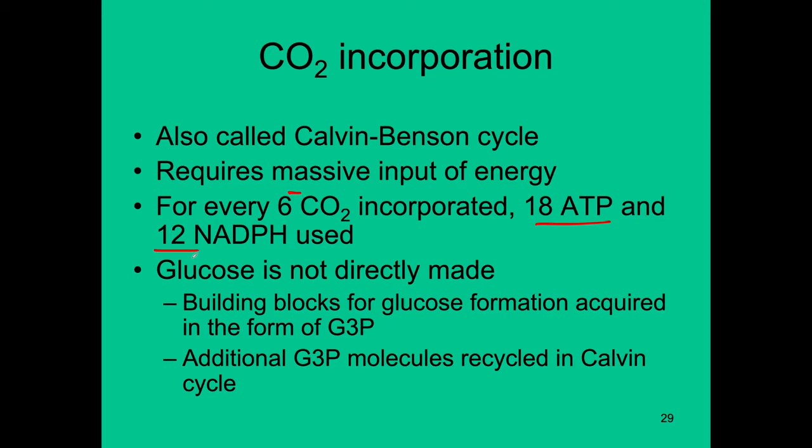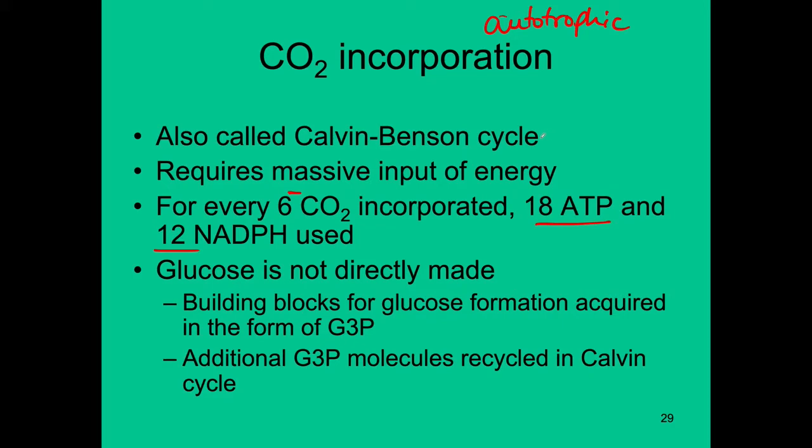Because it is so energetically unfavorable, this is why the light reaction provides the ATP and NADPH needed for the Calvin-Benson cycle. This is where our plants are becoming what we call autotrophic. Remember, an autotroph is an organism that can use inorganic carbon and convert it into organic carbon for use as an energy molecule. And that's what plants are doing.